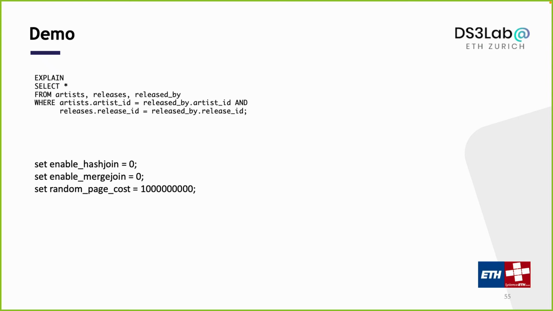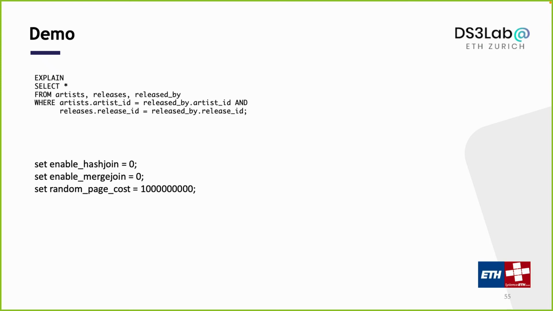If you try it, highly likely the system is going to say, okay, I'm going to do nested loop join without using any index. It's going to have a whole bunch of sequential scans of your relations. Why? Because first, I don't have a choice. I cannot do hash join, cannot do sort merge join. The only choices I have are nested loop join and nested loop join using an index, for example a B-tree index.